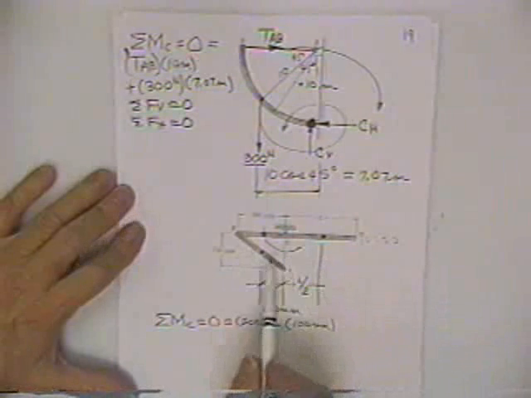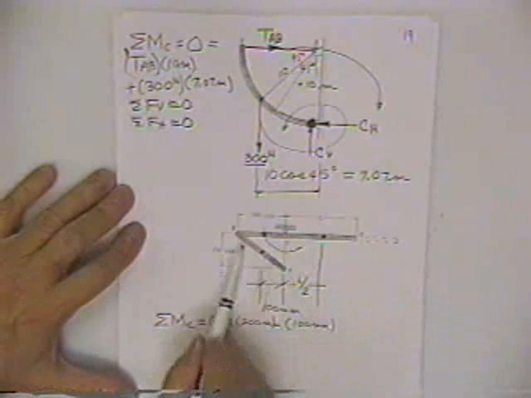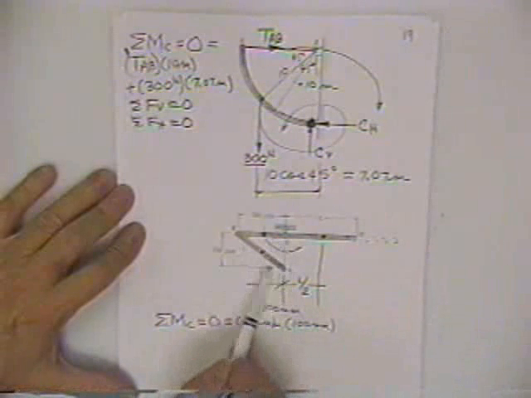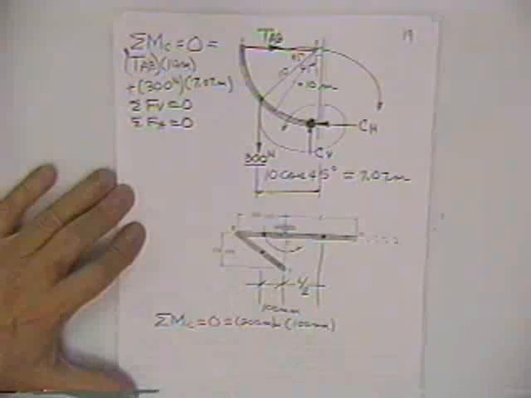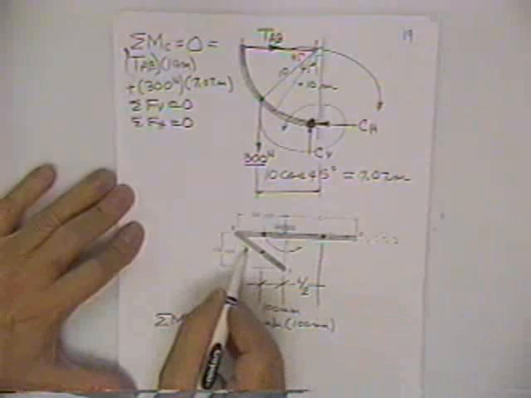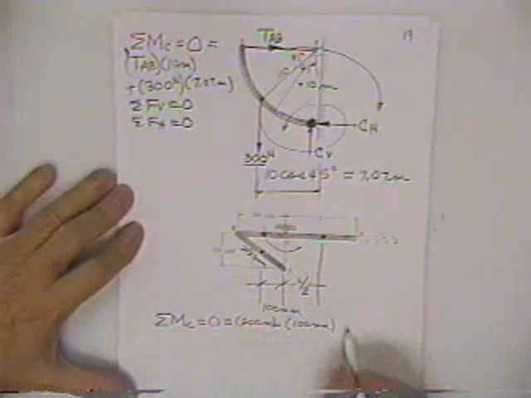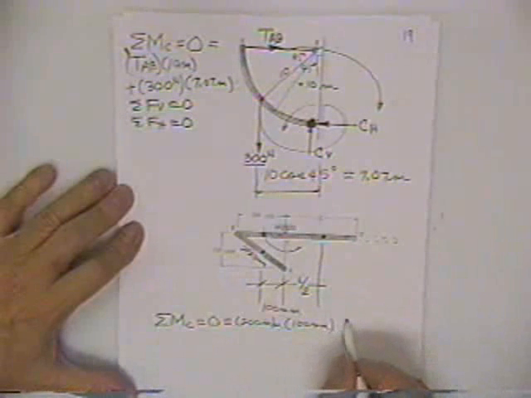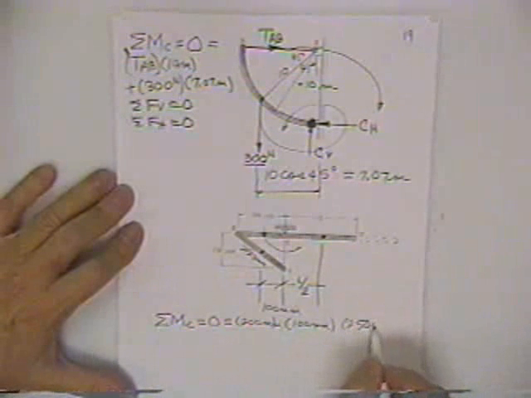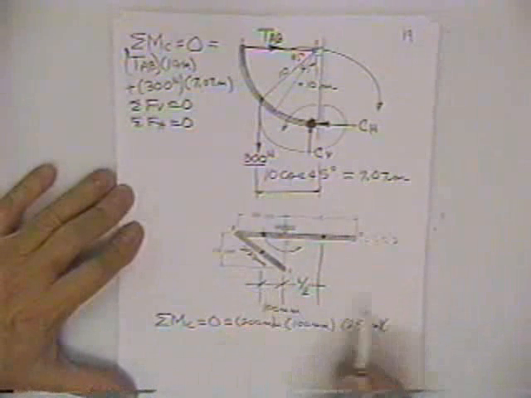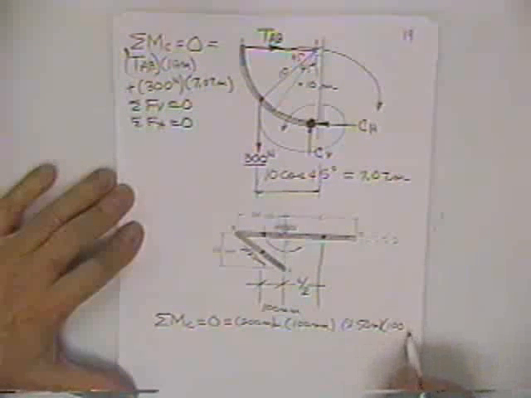Next, I got to know how long that little stick there is. It's 200 squared plus 150 squared. Take a square root. 250. It's a 250 long stick. So then I would have a 250 millimeter long stick multiplied times, he has the same 100 length.